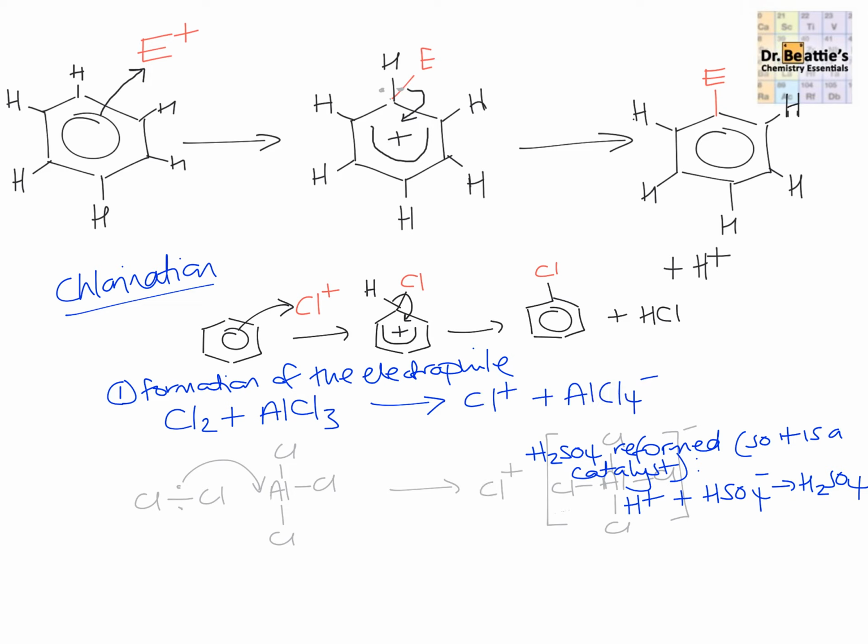So you may be asked to recall this equation for the generation of the electrophile, and so you've got to learn this. What you might also be asked is to show that this is regenerated to form aluminium trichloride, because the halogen carrier is a catalyst. So whilst it has changed into a new form here, another step in the reaction, which is the release of this hydrogen, will react with this form to bring it back to aluminium trichloride.